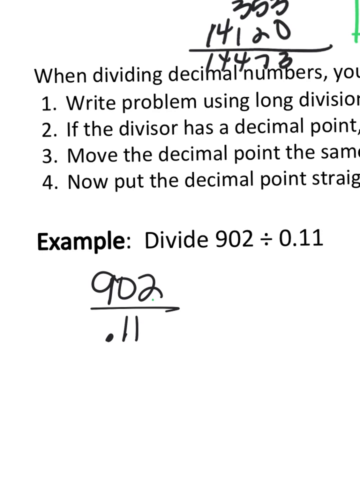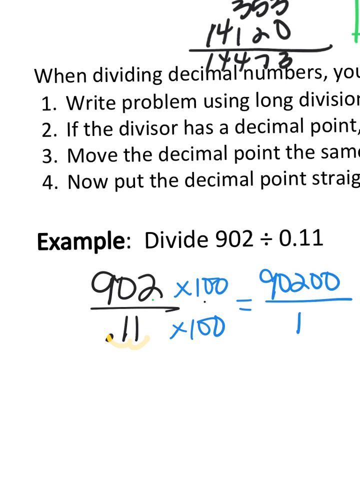And I wanted to make this decimal point scooch over here, okay? That means I'm moving my decimal place to the right 2 spaces, which means that I am multiplying by 100. Okay, so that's going to equal 90,200 divided by, now I just have straight 11. Once I do that, you notice I have no decimals left, right?